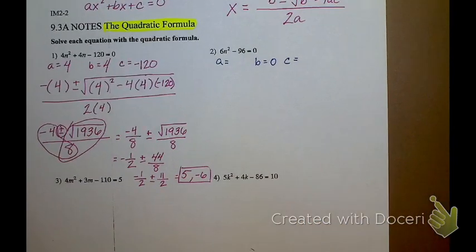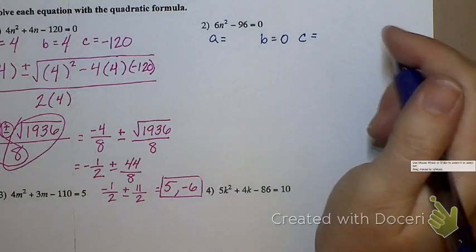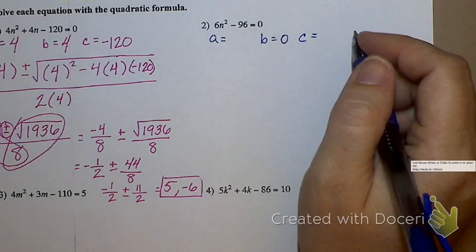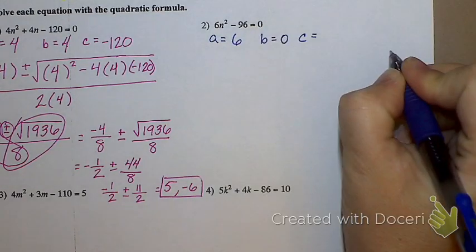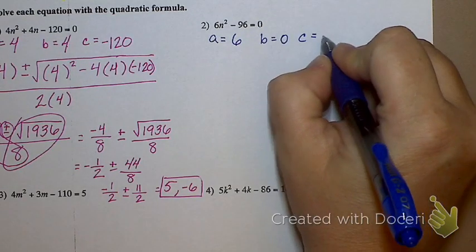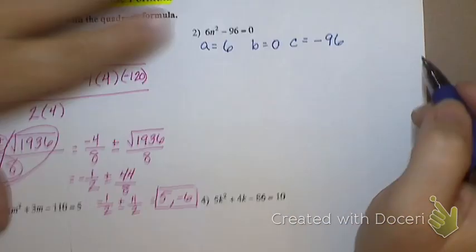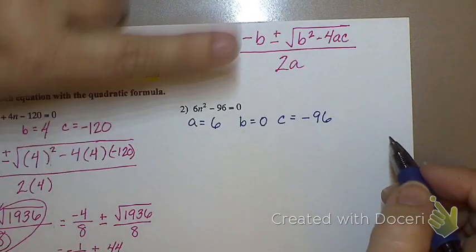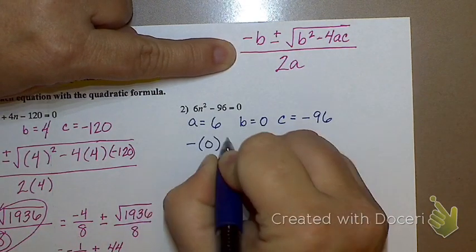Is this too small? I can scoot it in, guys. Just tell me. What is A? 6. What is C? All right. Now that I have that, I've got to plug it in here. Negative B plus or minus.